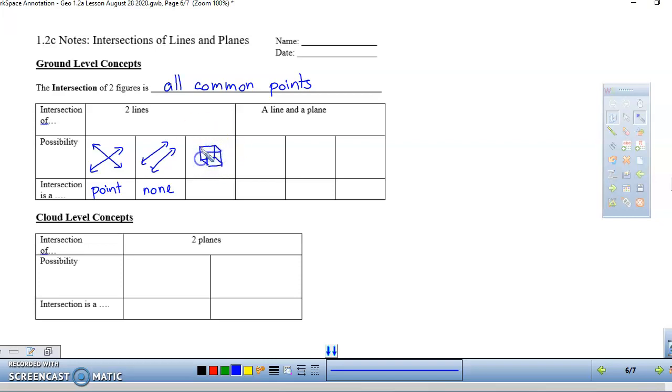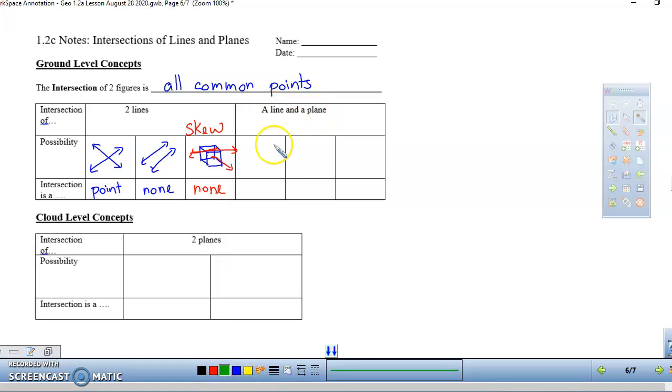So I'm going to draw a little box. And then there are lines that are not parallel. So there's one line on top of the box. And then if you can imagine another line going out the bottom down here, they don't intersect, but they're not parallel. Those are called skew lines. And again, they would have none as an intersection.